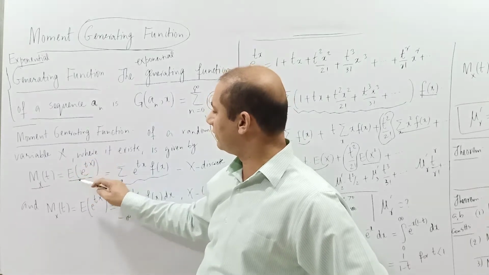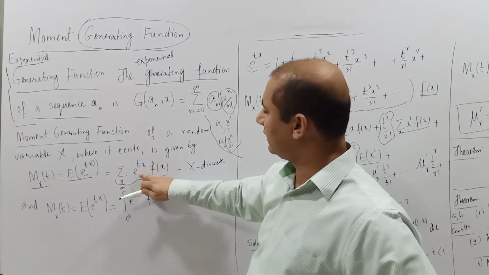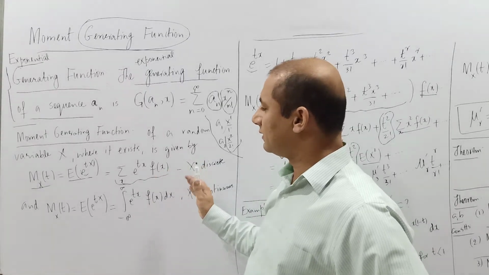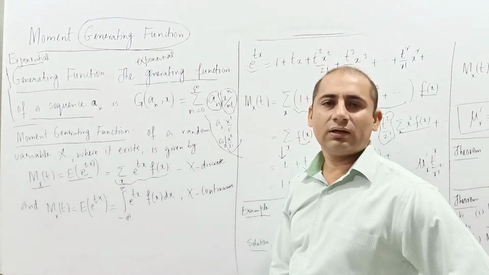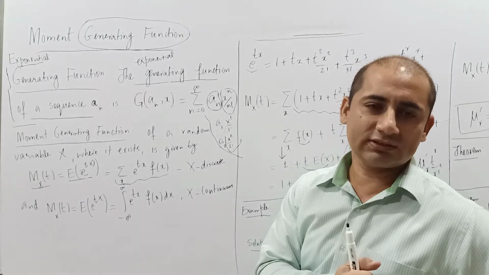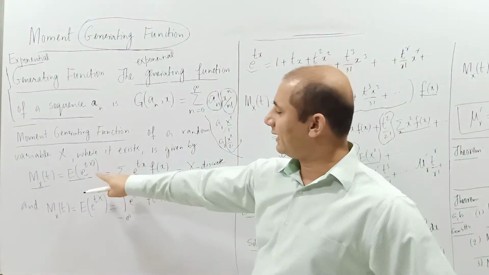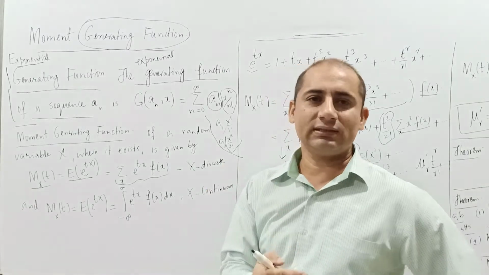And as you know, when we talk about expectation, we talk about the series e to the power tx f of x, and obviously this series means that X is discrete. The only difference from the definition of expectation is that now instead of x we have e to the power tx, and we'll try to understand what it is.